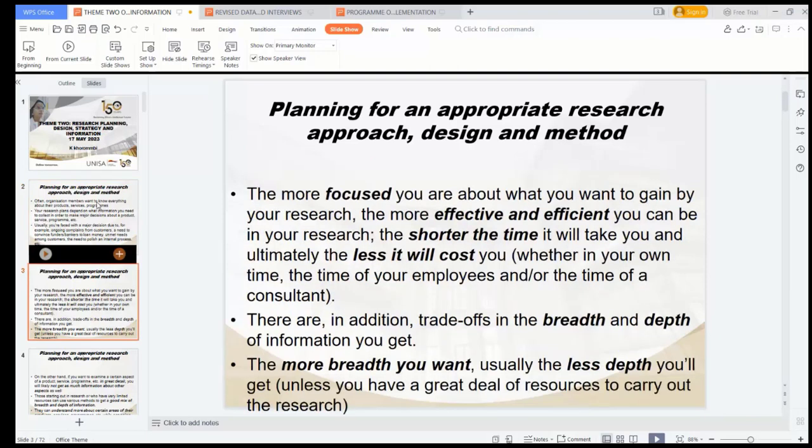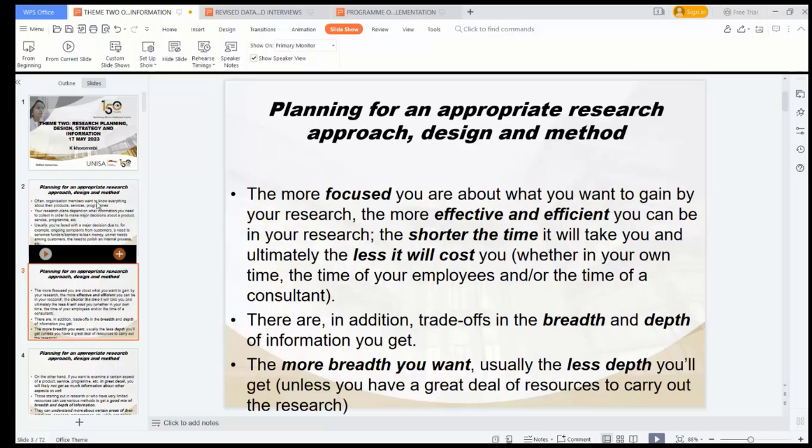Now, the more focused you are about what you want to gain in your research, the more effective and efficient you are. And the shorter the time it will take you, ultimately it will also be cost effective. And they are again saying that if research is vaguely defined, if someone does not know why they are conducting the research, they will not be efficient and they will not be effective.